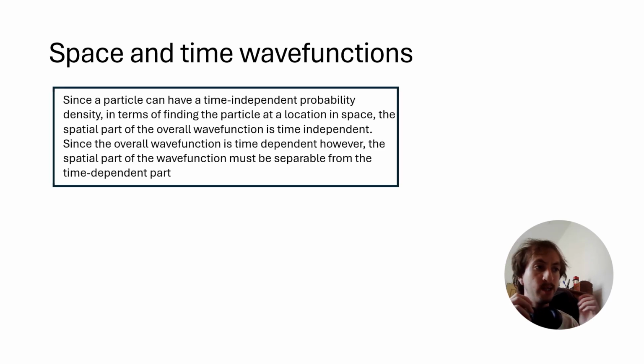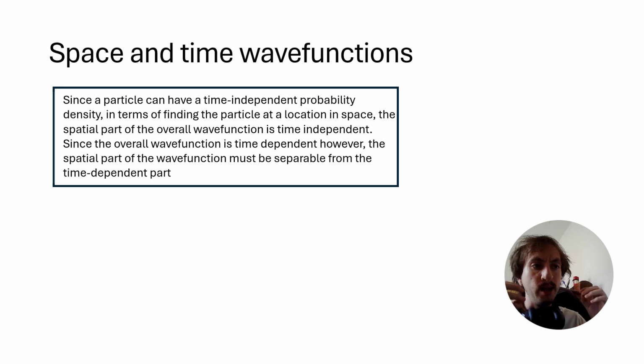So to do this, we really use Occam's razor. We think of the simplest way of achieving both of these assumptions. So if we consider the assumption that the shape of the wave function isn't changing, by which we mean the probability density associated with finding a particle in a particular region of space is time independent.